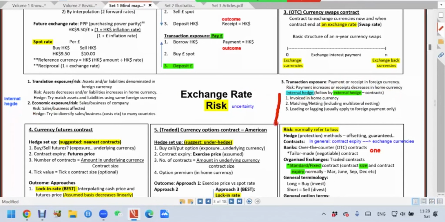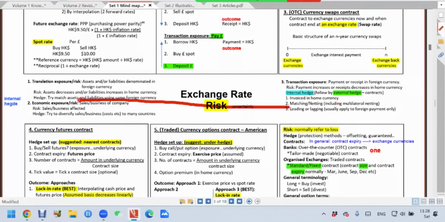There are three ways. First, try to invoice in home currency if you are powerful enough. When you make a payment, you want to pay in Vietnam dong. When you receive, you want to receive in Vietnam dong. That means invoicing in home currency, and then you reduce your exposure. The second one is matching.